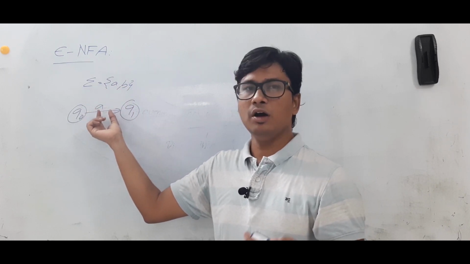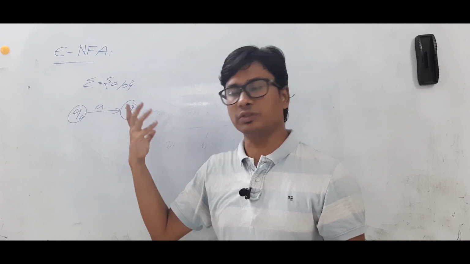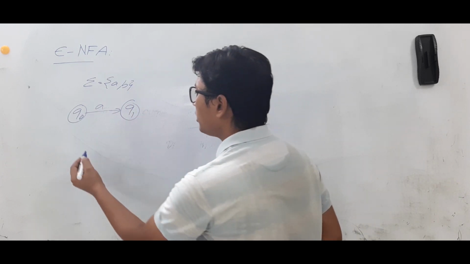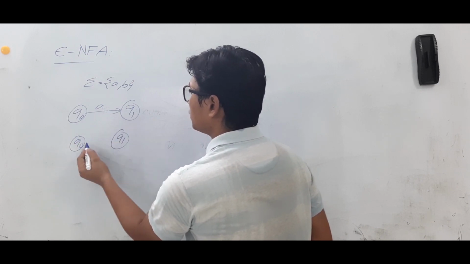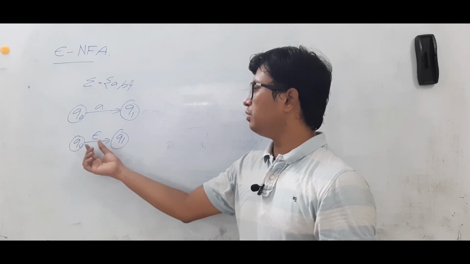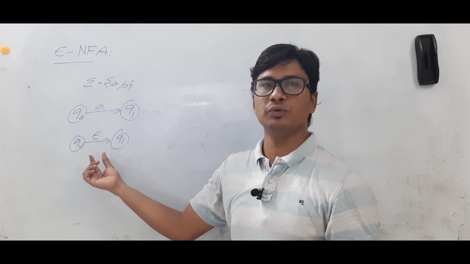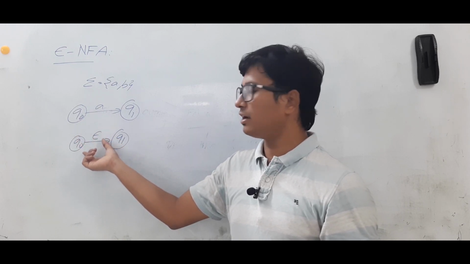Either you move on the alphabet A or on the alphabet B or on both. Is it clear? But in an Epsilon NFA, from one state to another state, you can move on epsilon moves. Is it clear? You can move on epsilon. These kinds of moves we call epsilon. This is the extra advantage of Epsilon NFA.